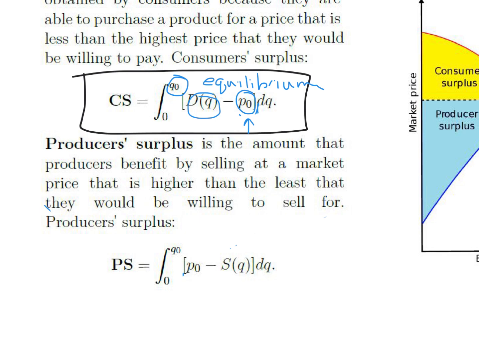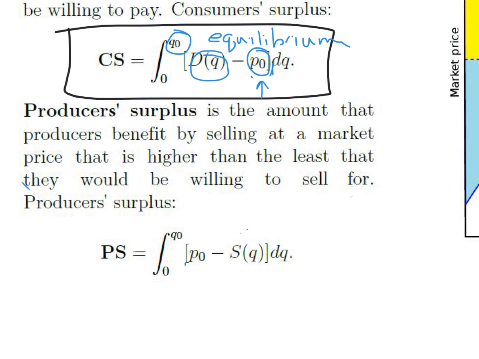We got this producer surplus. So you integrate the equilibrium price minus the supply function, and you evaluate between that same equilibrium quantity and 0.